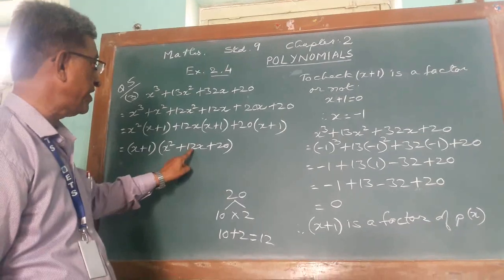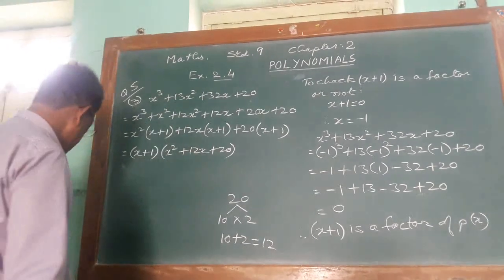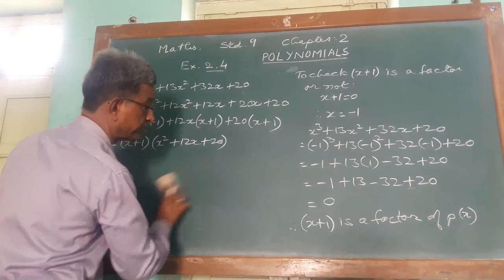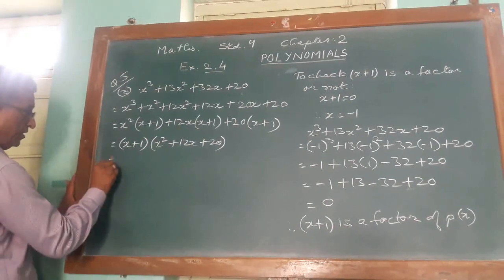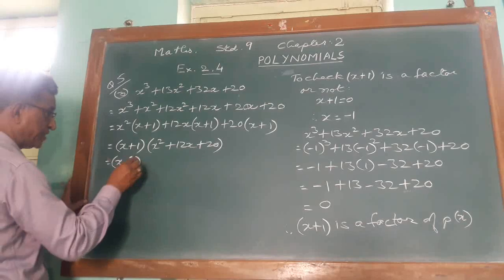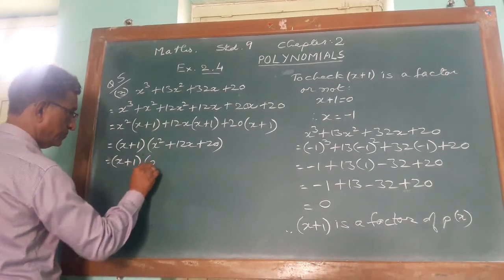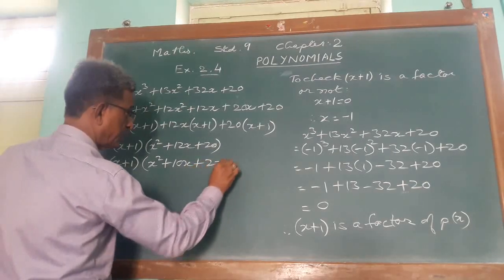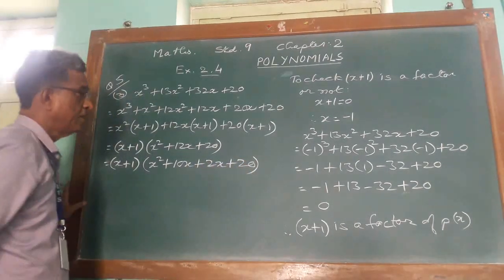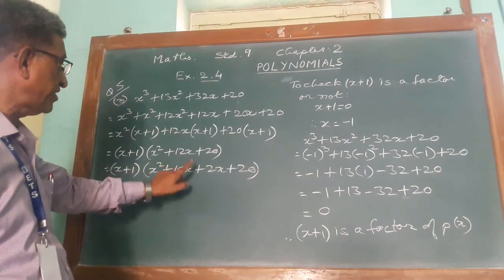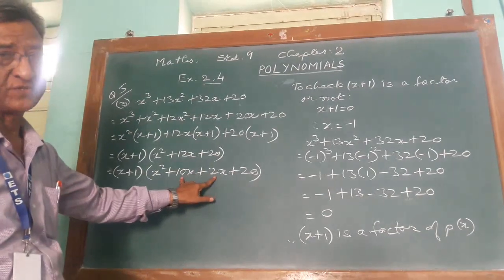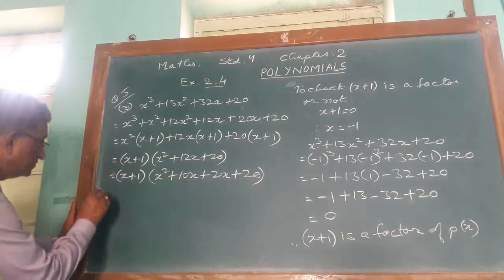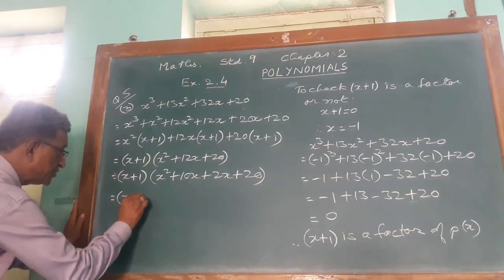So now you have to split this 12x in the form of 10x plus 2x. x plus 1 times x square plus 10x plus 2x. Instead of 12x I have written 10x plus 2x. Now take common from the first two and last two.